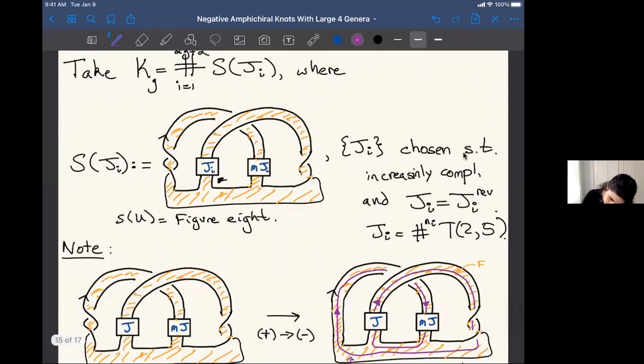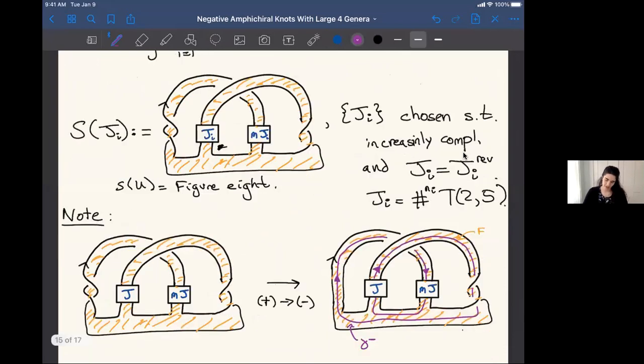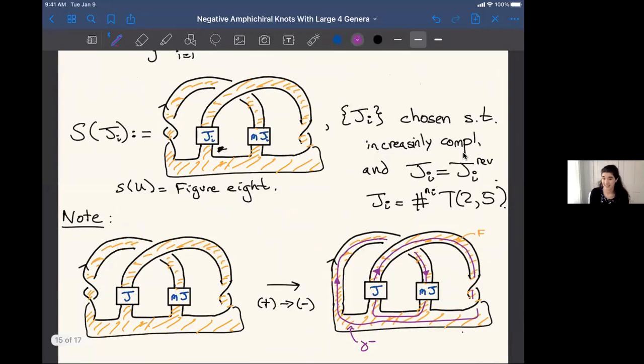Okay. So first, let me tell you what crossing I want you to change. In fact, a single crossing is going to suffice. And it's this one. Okay. So that is in fact a positive crossing. If you trace out the orientations, it looks like this.